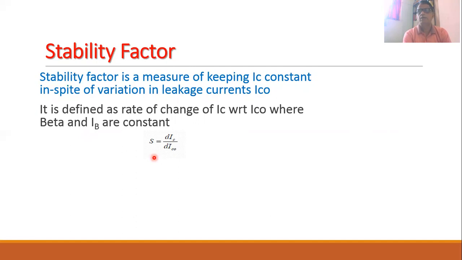The stability factor is normally indicated by a symbol S. S is equal to dIC divided by dICO, where dIC will stand for the change in the collector current, and dICO will stand for the change in the leakage current of the transistor.